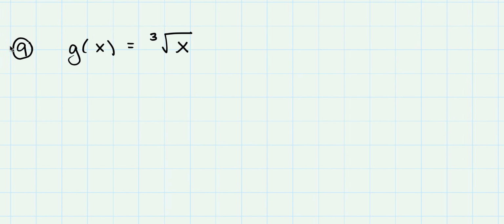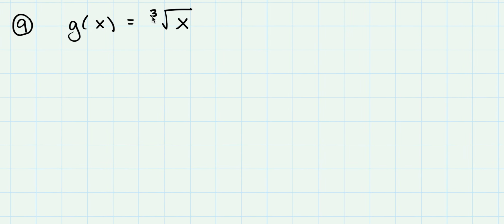Okay, here's another one. G of x is equal to the cubic root of x. This one's actually a little tricky. Turns out that the domain of G is all real numbers.